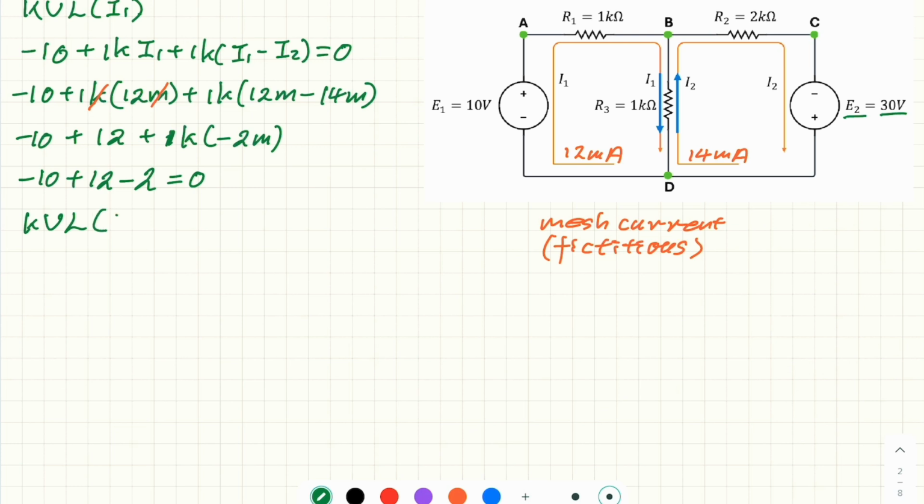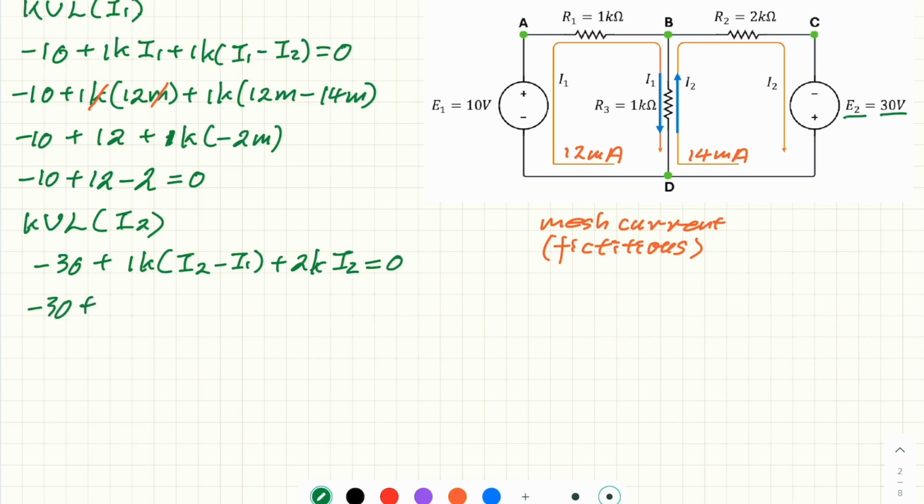KVL for mesh current 2: minus 30 plus 1k (I2 minus I1) plus 2k I2 equals 0.